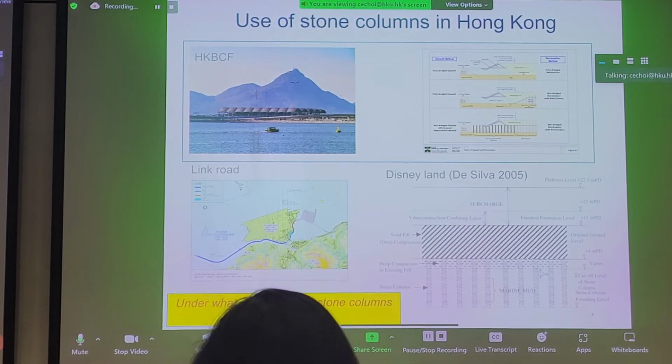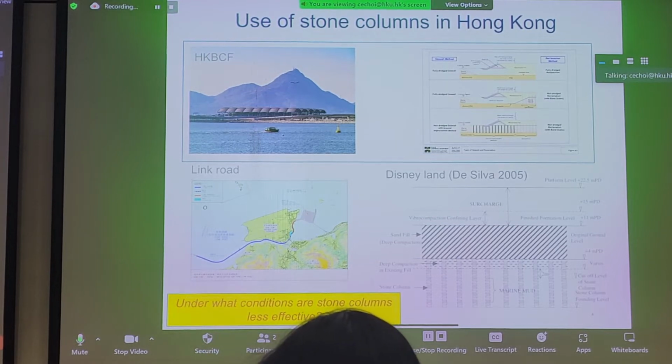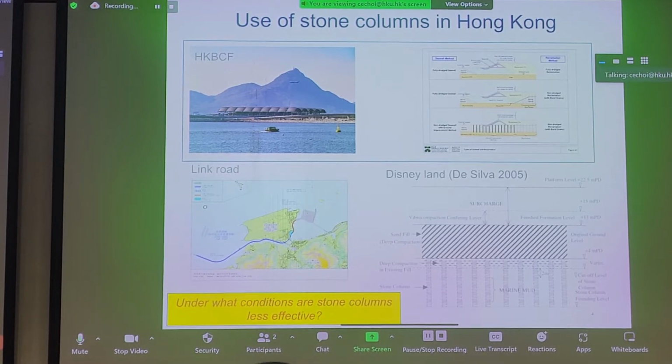Stones in this case could mean gravel, could mean cobbles, and to a lesser extent, I don't think it means sand, but we're generally talking about coarse-grained fill material. So before we jump into the use of stone columns and particularly focus on the Penny's Bay reclamation, I want to discuss the use of different types of reclamation.